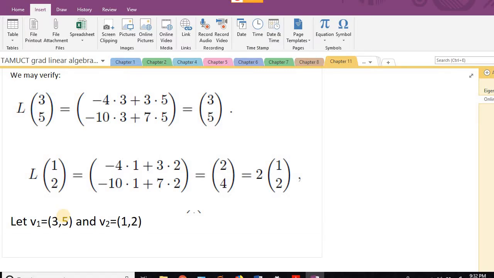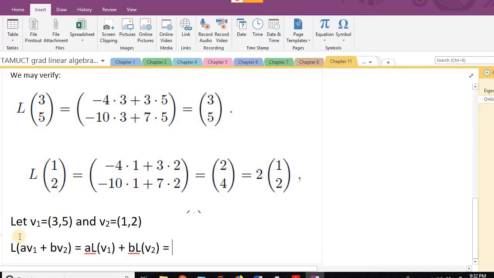So in fact what I have is L of A V1 plus B V2, which is going to be equal to, well, you know the rigmarole, the same thing as A times L of V1 plus B times L of V2.